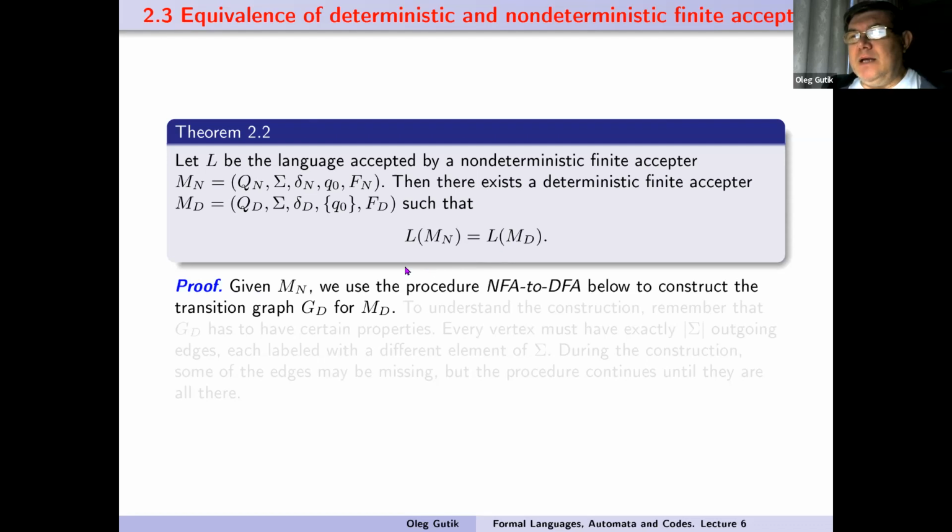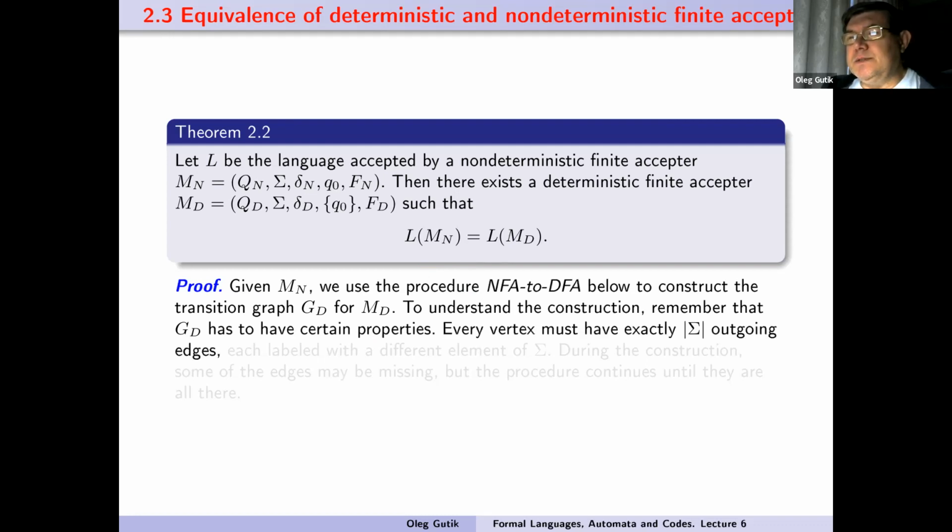Given Mn, we use the procedure NFA to DFA below to construct the transition graph GD for the deterministic finite acceptor MD. To understand the construction, remember that the graph GD has to have certain properties.